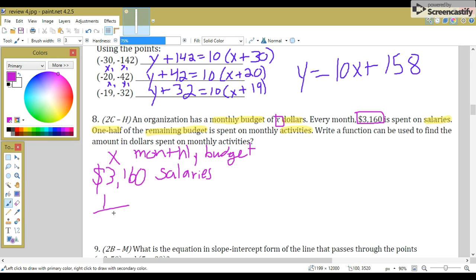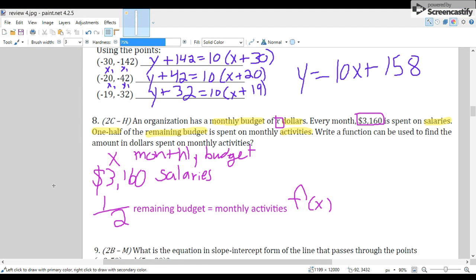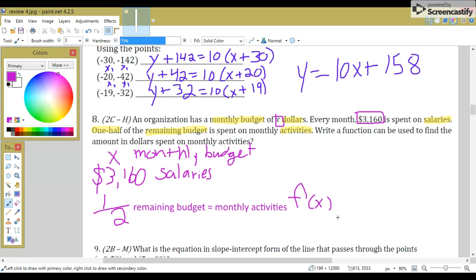And then we're going to have 1/2 of the remaining budget. And we'll call that f of x. So, x is the monthly budget. The monthly budget is bigger than the amount of money they give for the salaries from the budget.